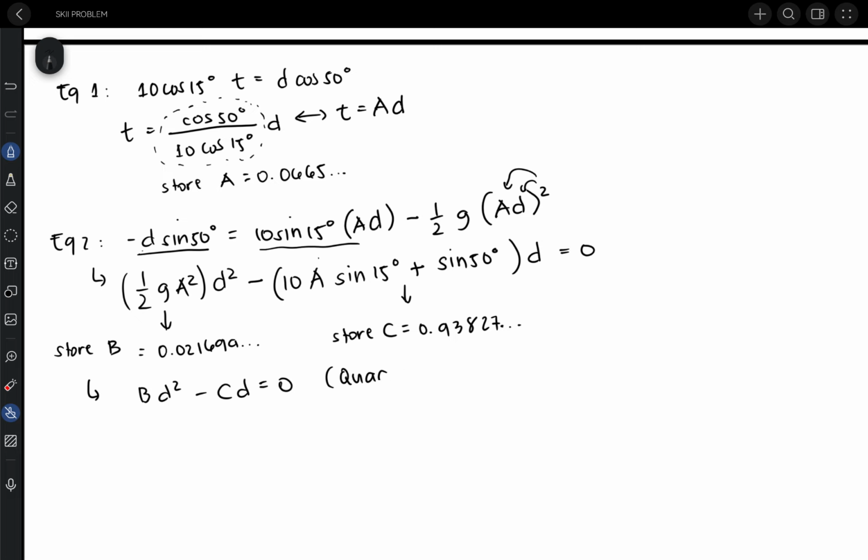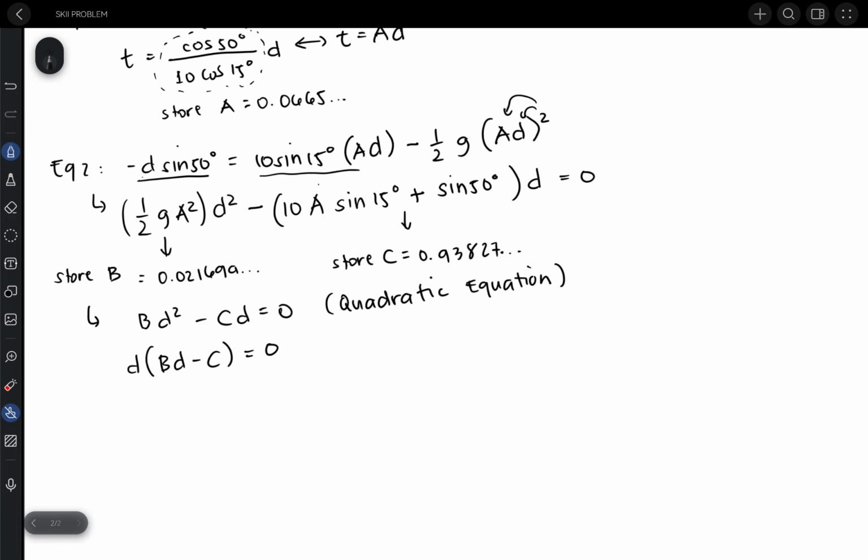Okay, now what we have is a solvable quadratic equation. We may choose to use the quadratic formula to solve for the roots of the d. But instead of doing that, why not just factor out 1d and we'll have bd minus c, and in this case we'll be able to solve it much more quickly, and we'll have the first value for t equal to 0.